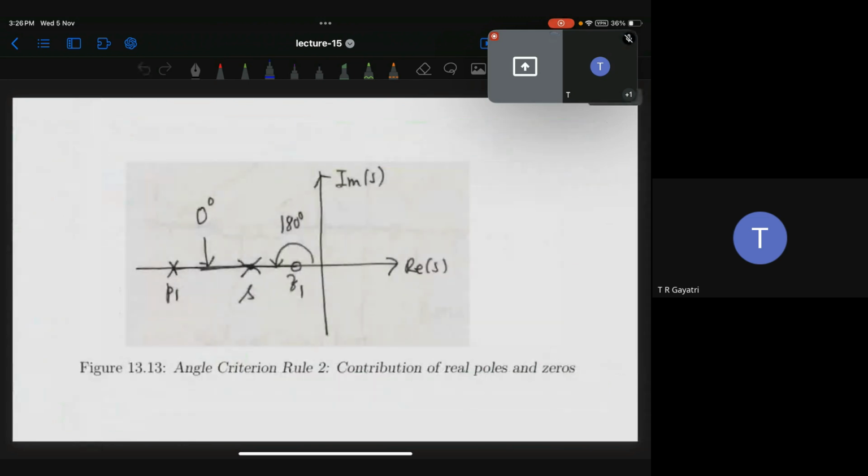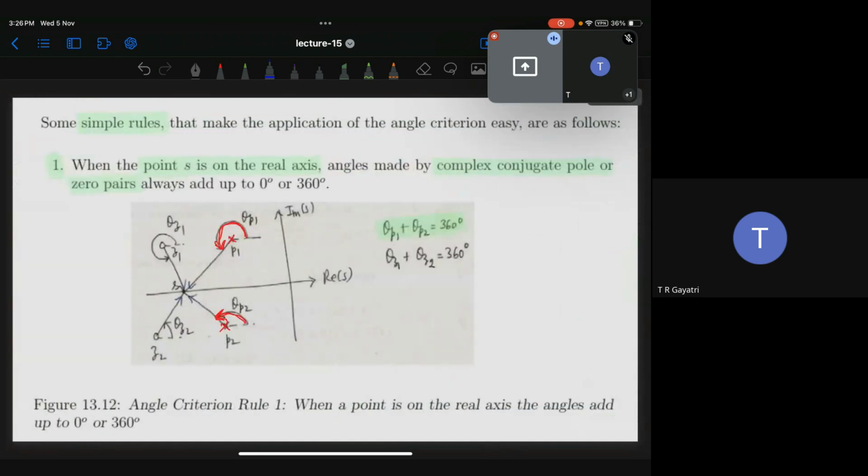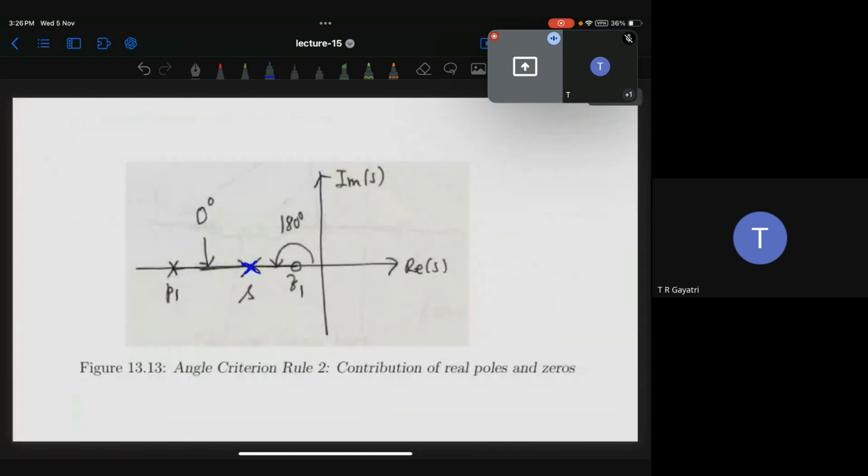That is one example. Second, suppose S is here. Previously the poles and zeros were in the complex plane, whereas here they are on the real axis.